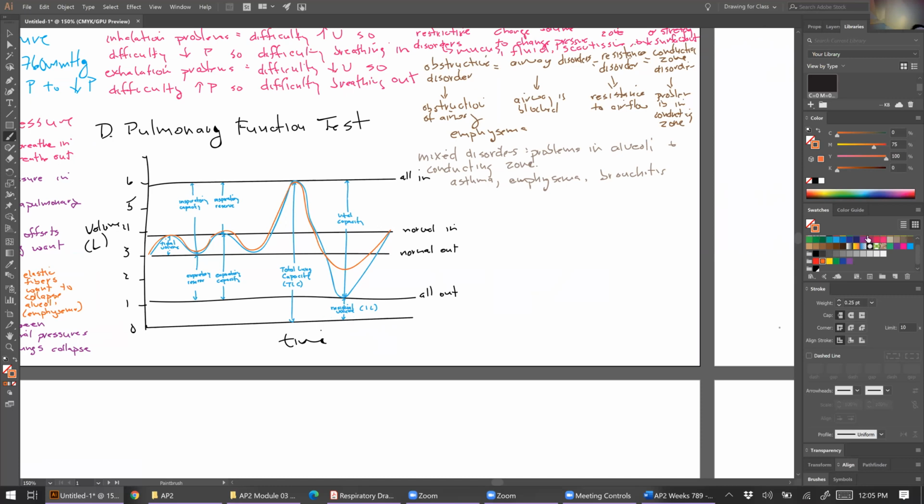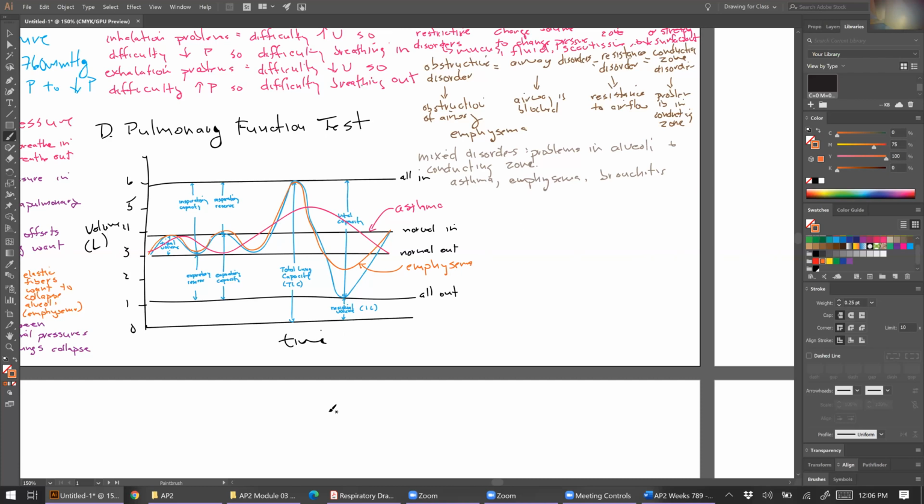Or something like asthma. Technically, asthma slows everything down. So technically, asthma does this as well. Makes it take longer. So I don't think you need to have those memorized. I'm just giving you an example of how pulmonary function tests would change. And it's usually pretty cool because we can do it in lab. I've said that about 5 times now. Sorry.